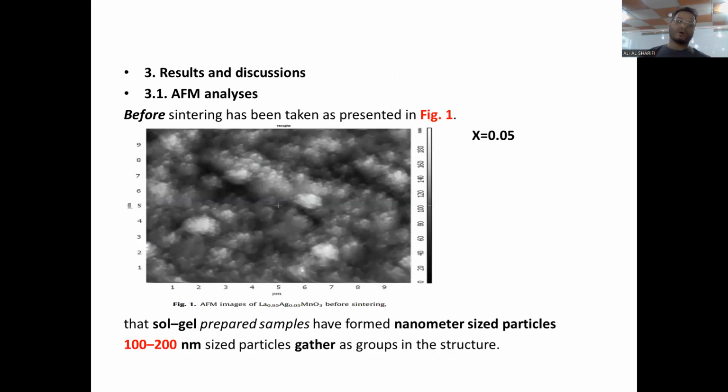Now let's talk about the results and discussions. At first, we need to take the atmospheric microscopic and scanning electron microscopic pictures of all of these samples' surfaces.